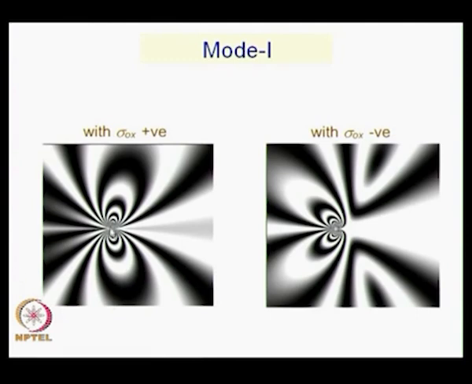In this case it is forward tilted, when I just change this sign it is backward tilted. Automatically when people look at these different fringe patterns, even if they do not want to think, the fringe patterns will make them ask a question, why it is behaving like this.